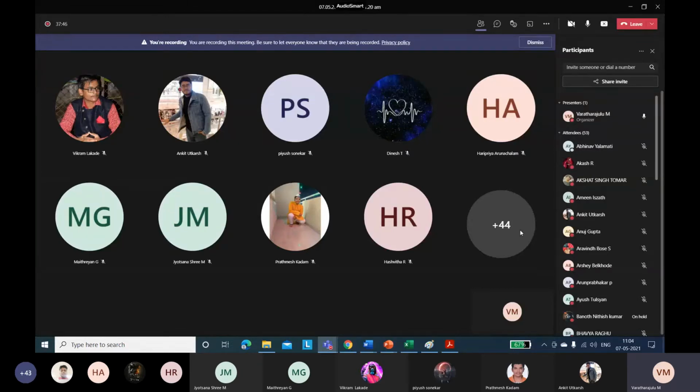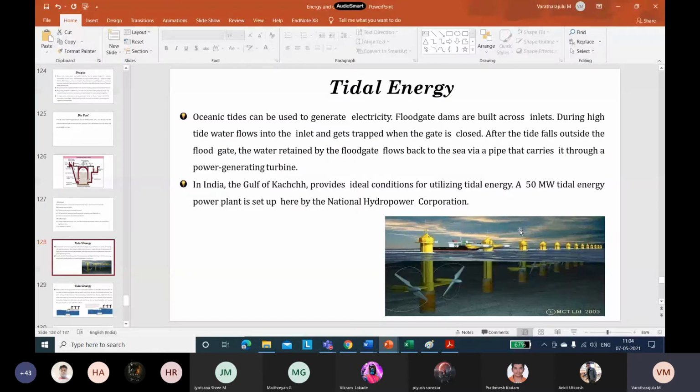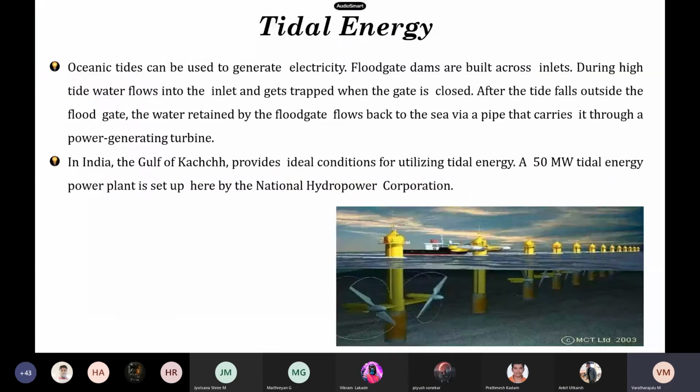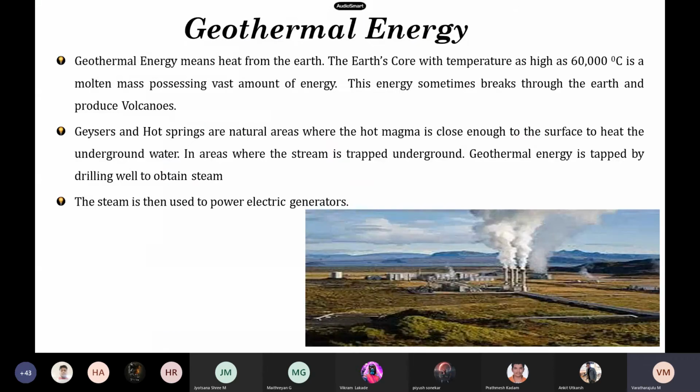Geothermal: in yesterday's class itself, I disseminated the need for geothermal, and in what way we can utilize the heat energy of the earth core. Yesterday I highlighted that around 90% of the earth is molten, even after years.